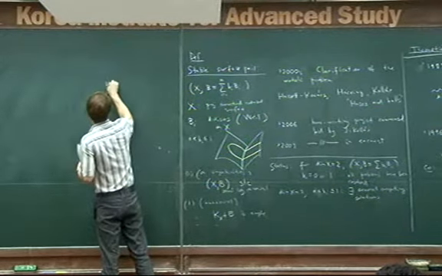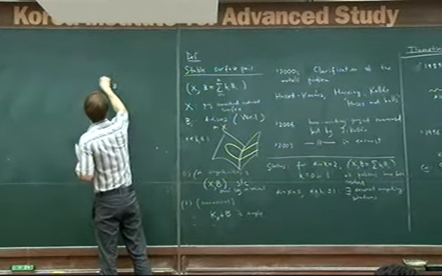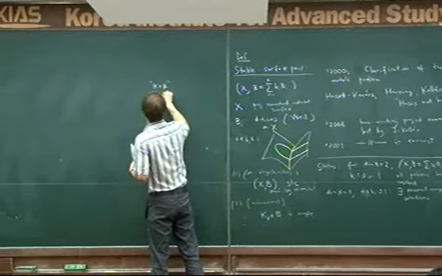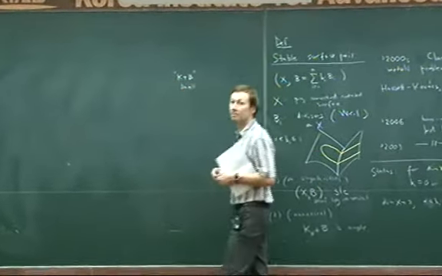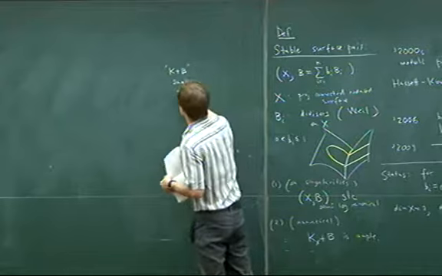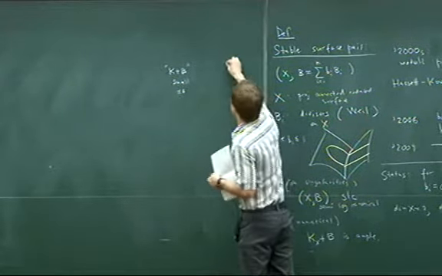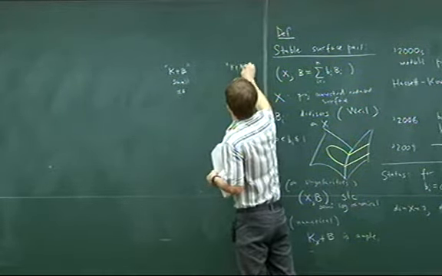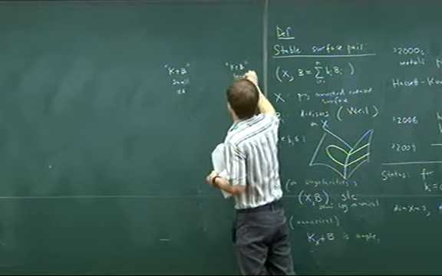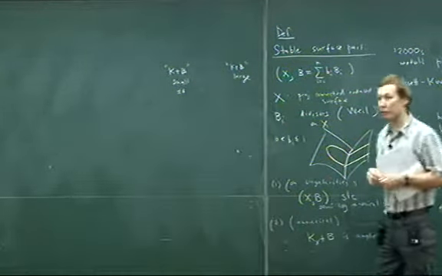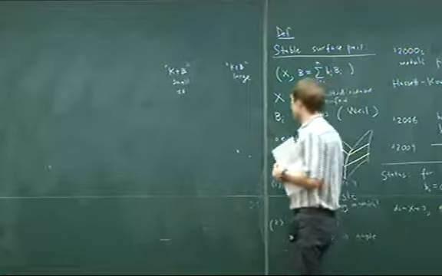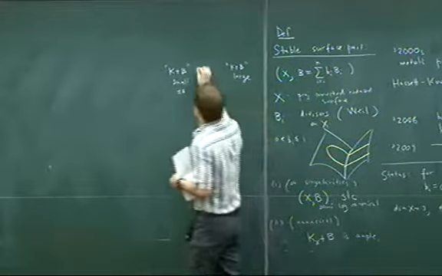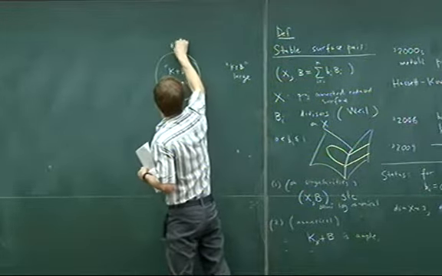There is a case when K plus B is small, and small means almost 0, and the case when K plus B is large, without this restriction, and this case is much easier.